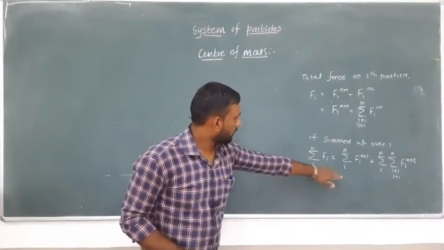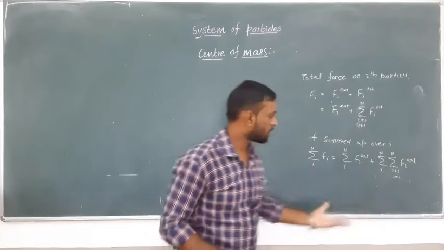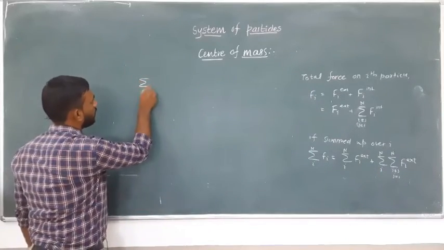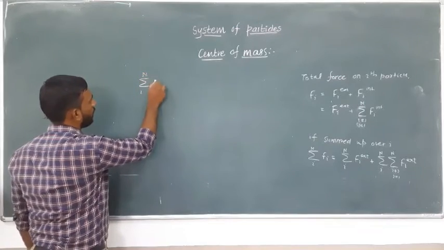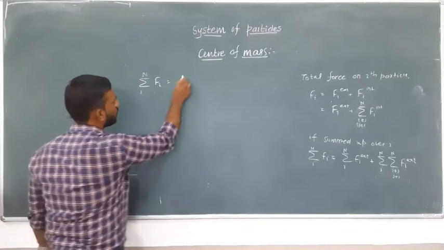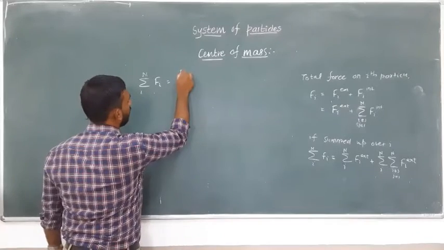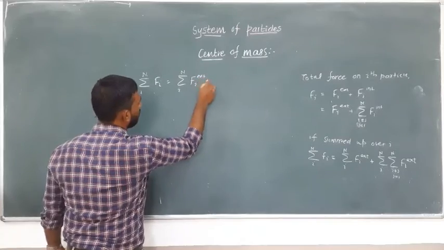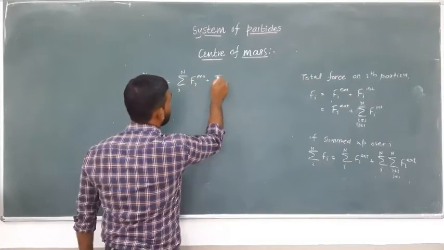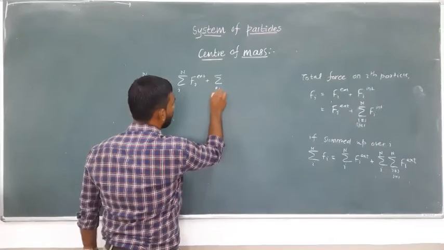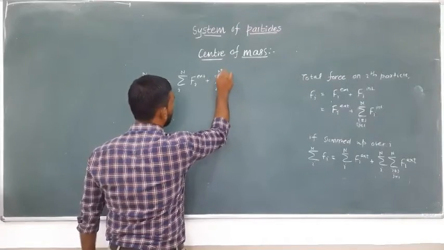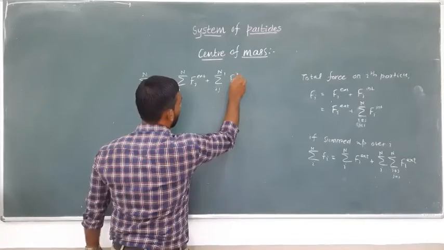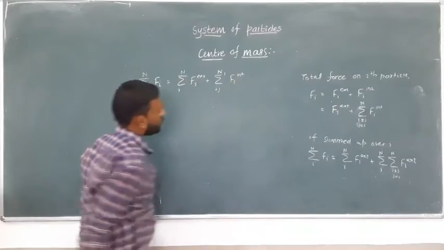If I replace these two summations with a single summation, how does the equation look? The summation over i of Fi is equal to the summation over i of Fi external plus, if I write a prime sign over the summation over i, j, Fi internal.